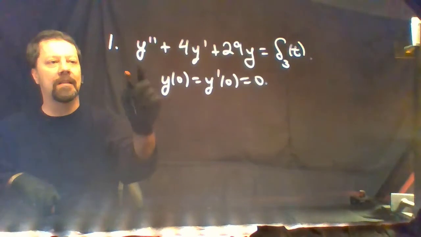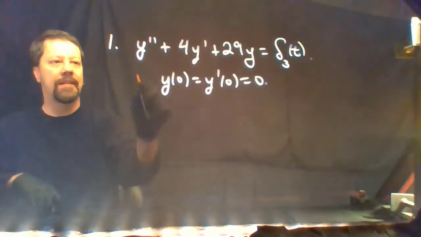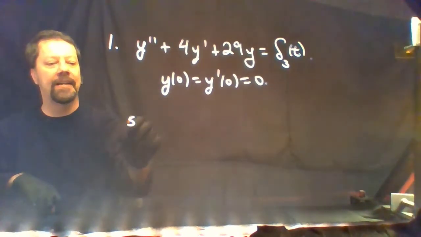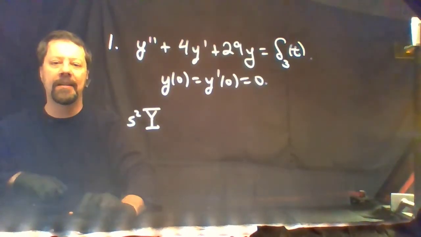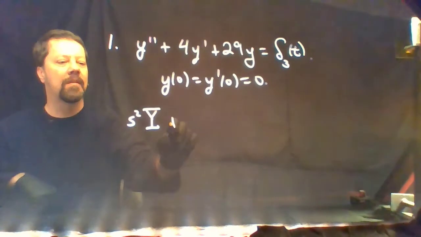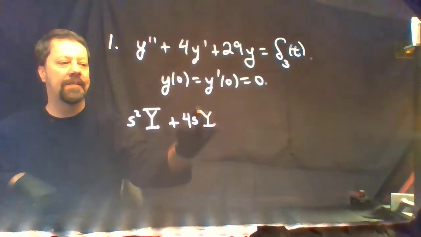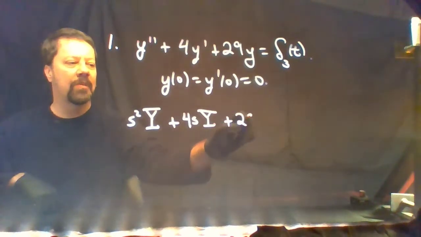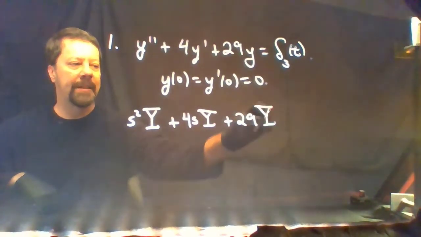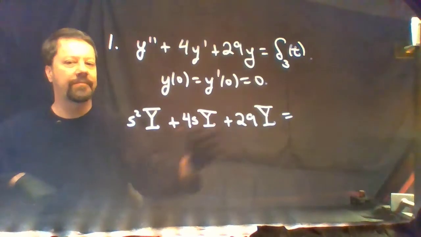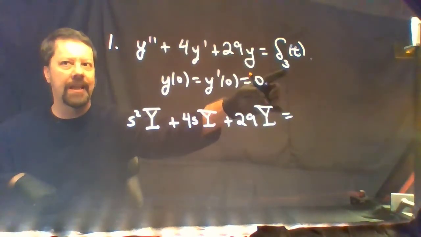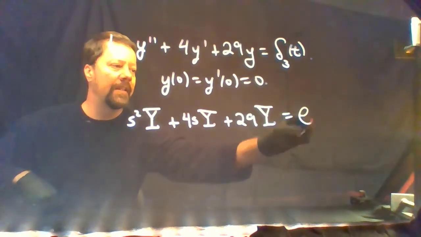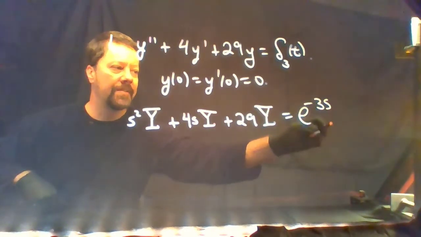So applying the Laplace transform to the left-hand side, we have s squared times the Laplace transform of y, which is denoted by a capital Y, plus 4s times big Y plus 29 big Y. The Laplace transform of the Dirac delta function centered at 3 is e to the minus 3s.